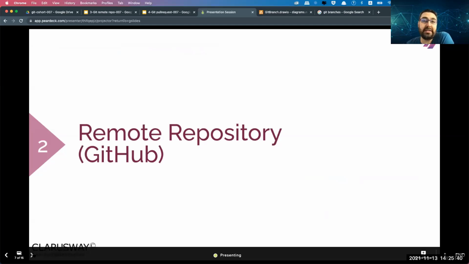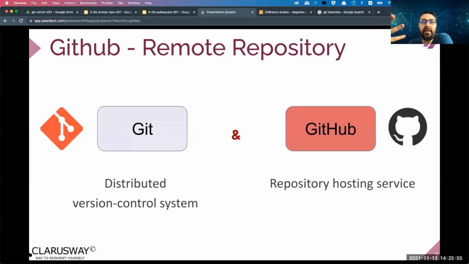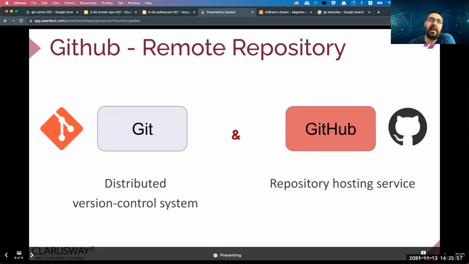Let's talk about GitHub and how we can now work with GitHub, like how we store things. First of all, the main idea: Git and GitHub are totally different things. Git is the name of the version controlling system.